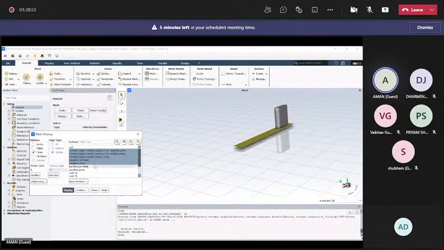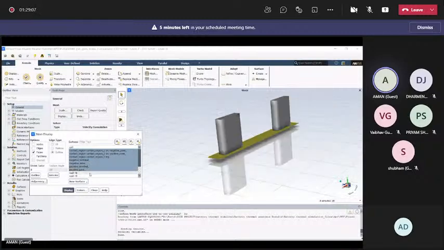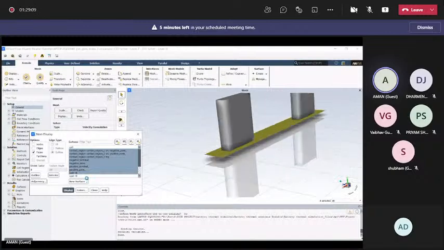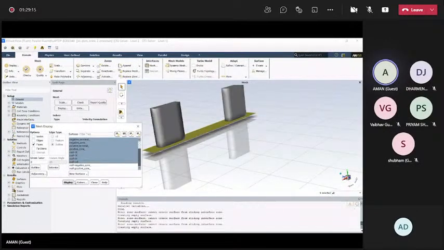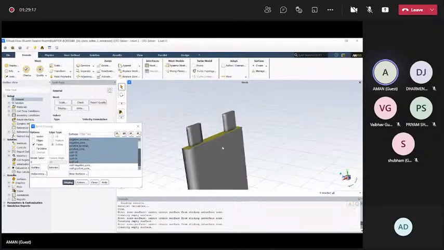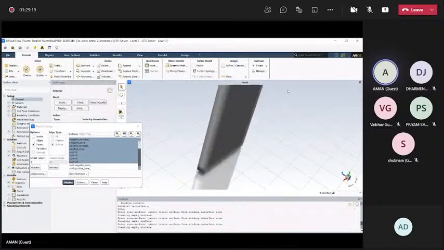Here you can see this is the negative terminal, the upper part of the negative zone. This whole part is like a negative zone. Now this is the positive terminal, and this is the positive zone. This is the wall, the overall wall of the particular cell.